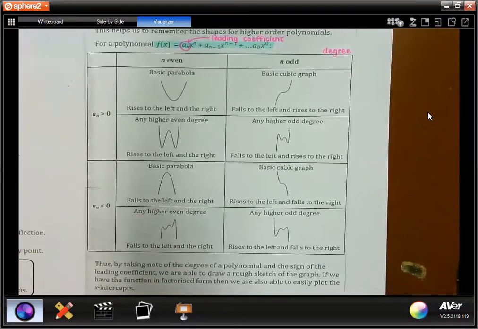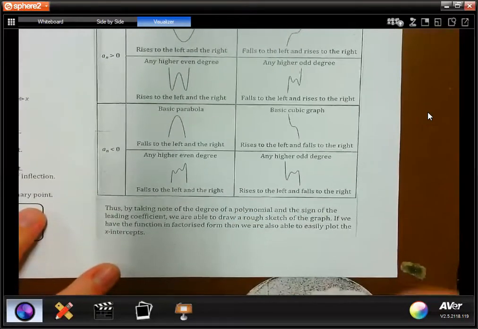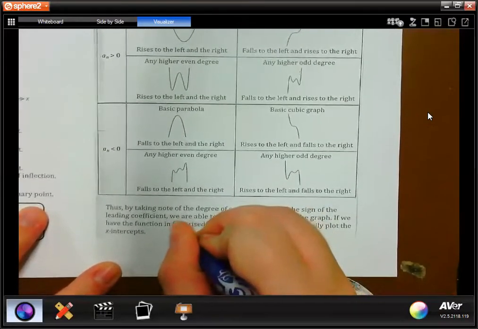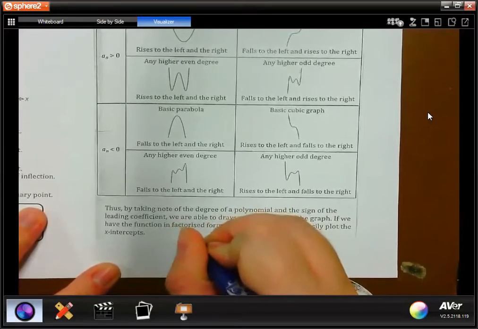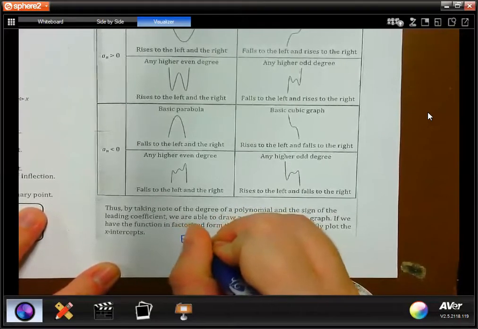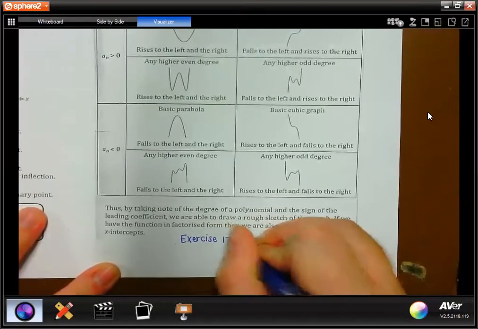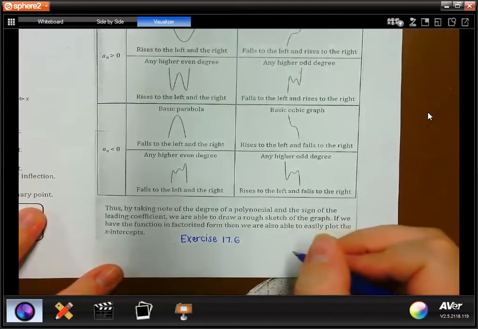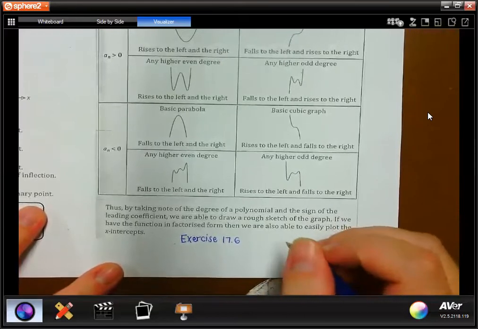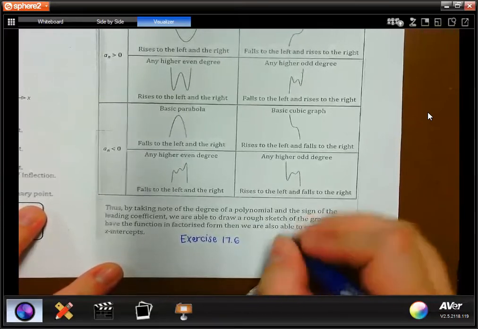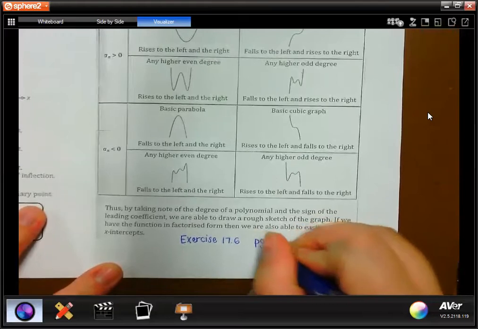I'm not going to do an example because it's going to take quite long and I rather want you guys to try some on your own. But there are examples in the textbook, I'm sure, if you want to look at that. But just try on your own first. Okay, you can actually get marks just by plotting the normal points like the intercept and the turning points and so on. Page 199.